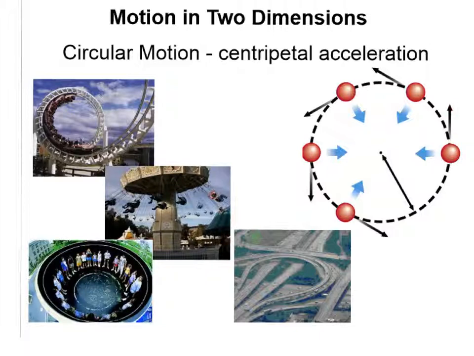And at this point now, it can be going the exact same speed, but this velocity has changed because it is now going in a different direction. Even if its speed remains constant around here, its direction is changing. Therefore, it is accelerating.